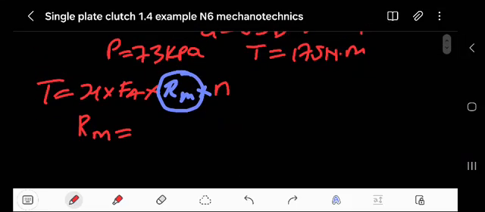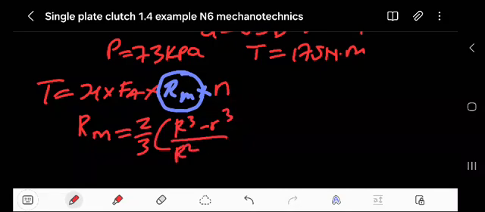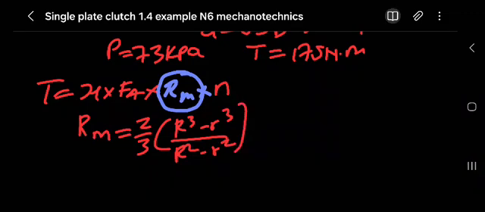Rm is 2 over 3, no, it's 2 over 3 multiplied by r cubed minus r cubed over r squared minus r squared. This is what we know.